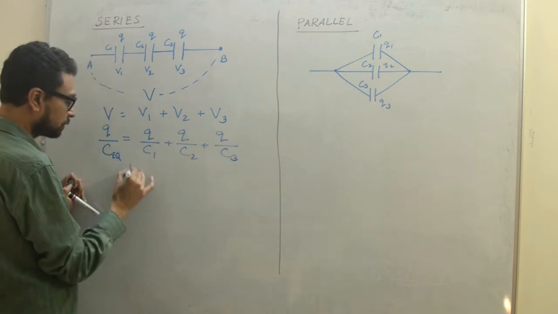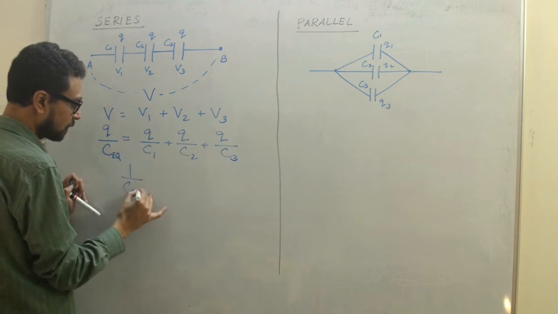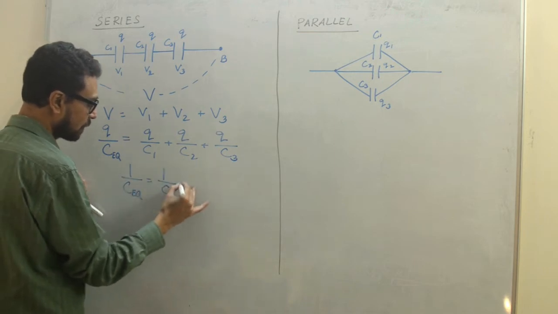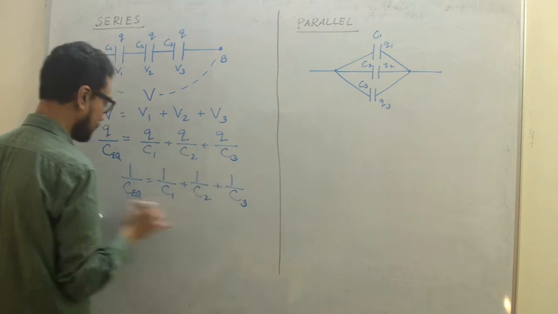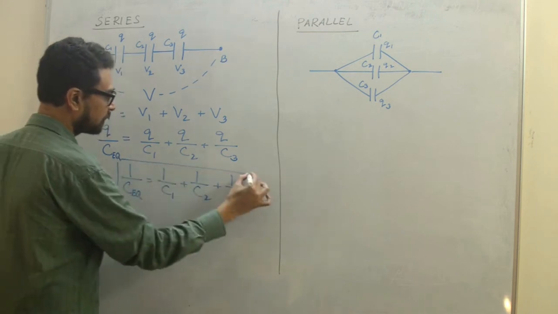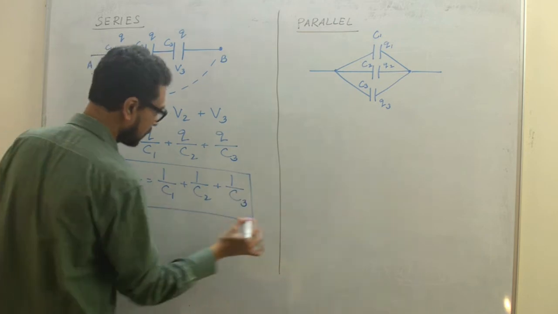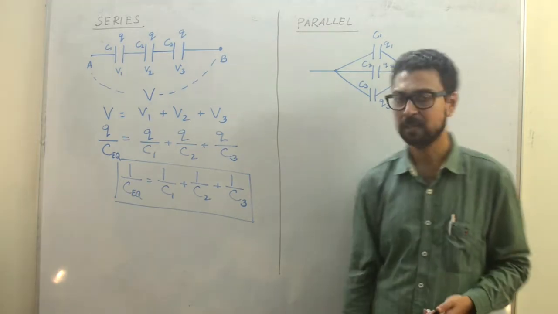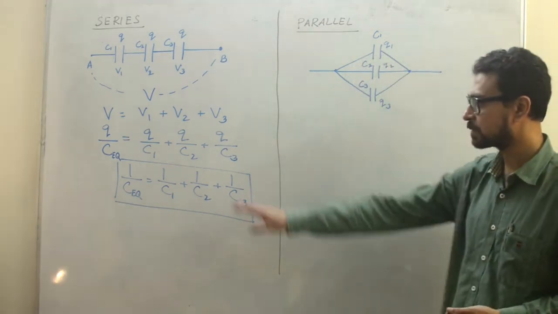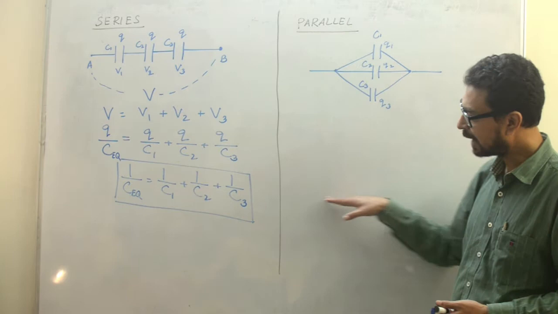So what am I getting? Here you have the effective expression for the series combination: 1 by C equivalent is 1 by C1 plus 1 by C2 plus 1 by C3 and so on.